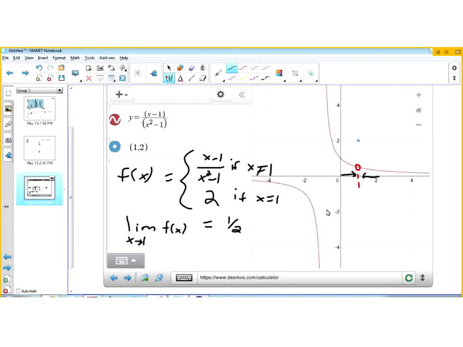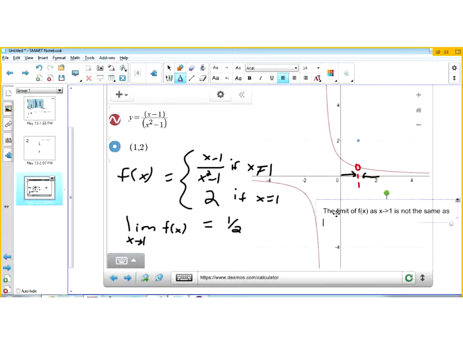What's being demonstrated here is that the limit of f of x as x approaches 1 is not the same as f of 1.